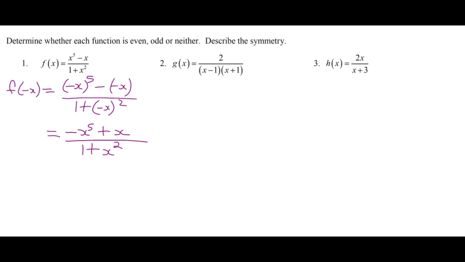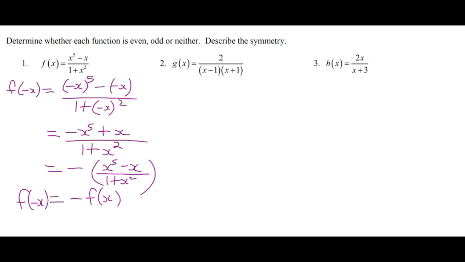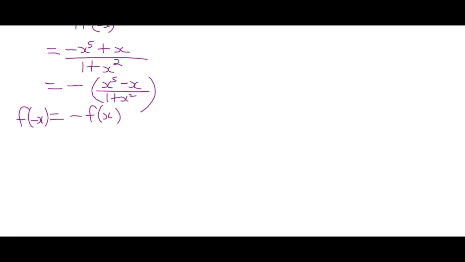If we factor out a negative, then this will become positive x to the 5th minus x over 1 plus x squared, which is negative f of x. So if f of negative x is negative f of x, then this is odd. It's odd, so it's symmetric about the origin.